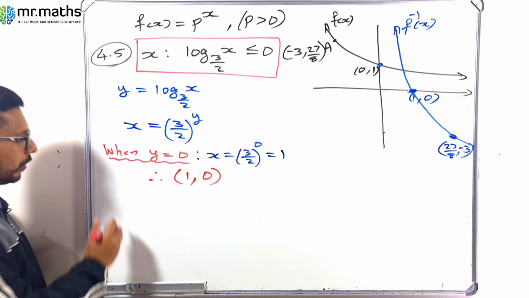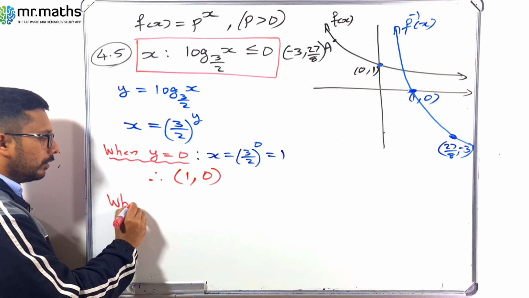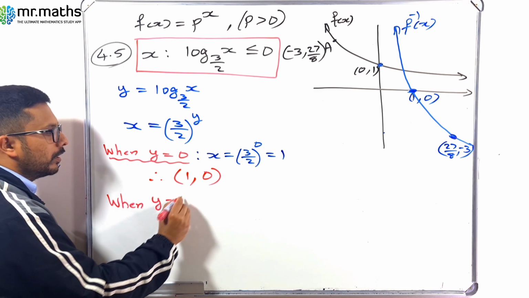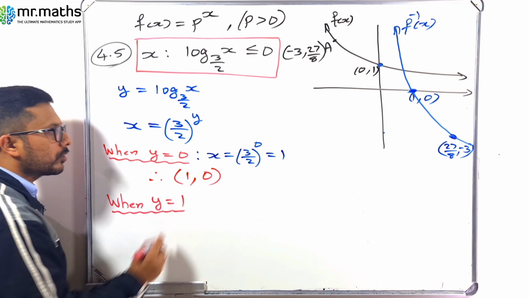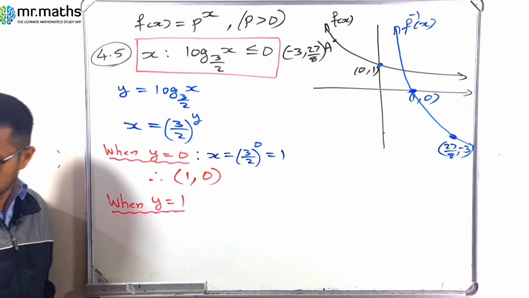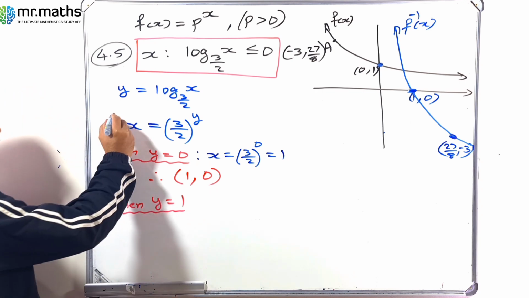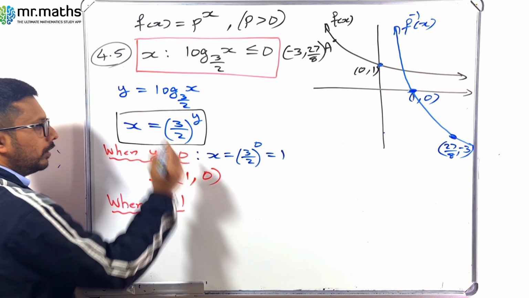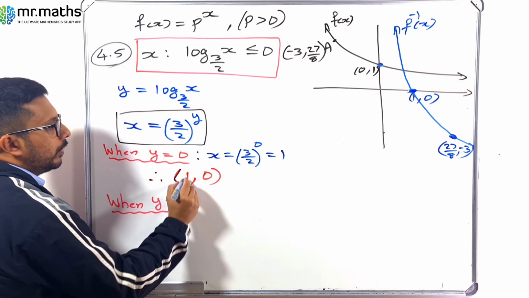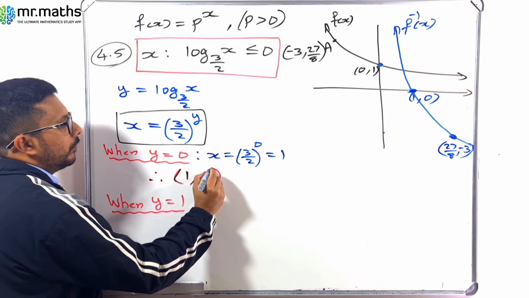Okay. Now again, when y is equal to 1, now I am going to substitute the value of y as 1, in this equation. Here we got the x value 1 and y value 0.